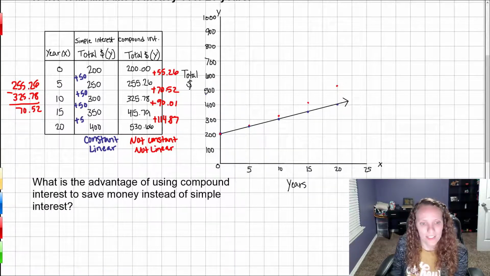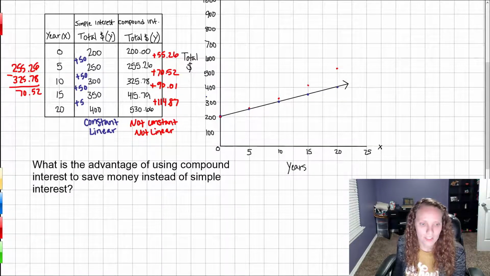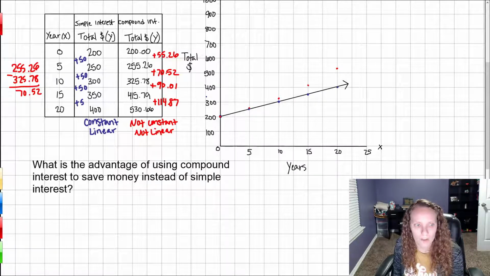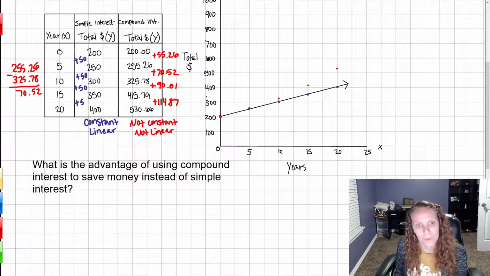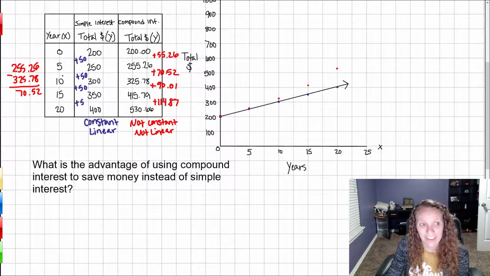So let's look at the last question. It says, what is the advantage of using compound interest to save money instead of simple interest? So if you don't know much about compound and simple interest, if you put your money into a bank and you want to save that money, in this case, the bank is paying her $50 for every 5 years. Now, if you notice, that was for simple interest.